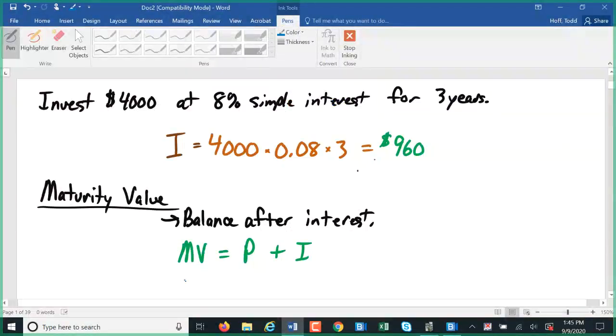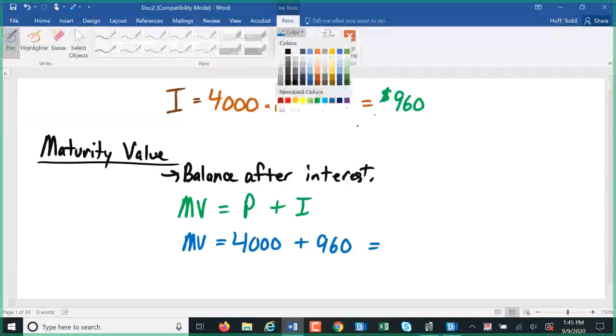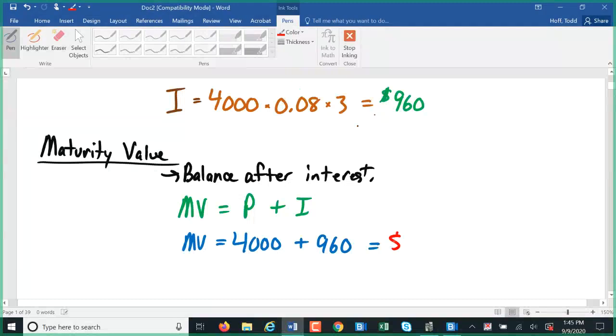So for this problem here, the maturity value would be the $4,000 in principal plus the $960 in interest. Or $4,960 maturity value.